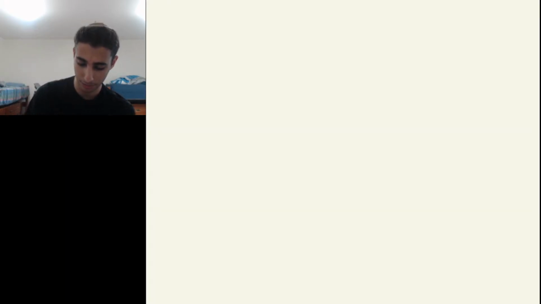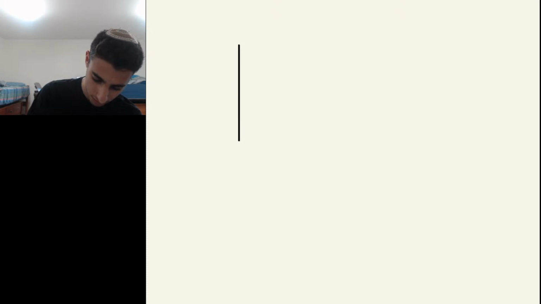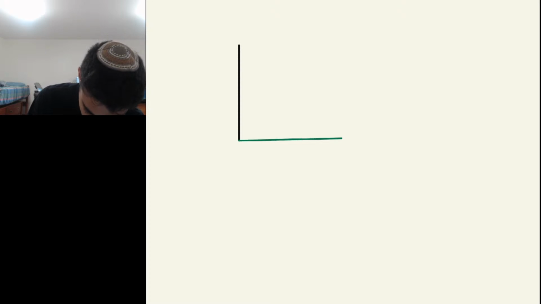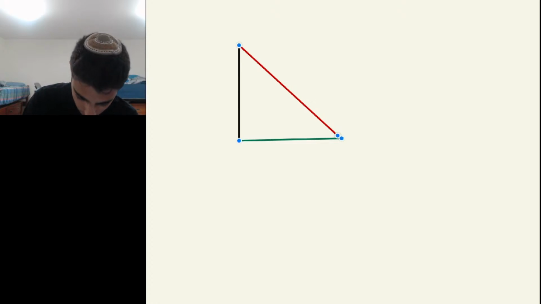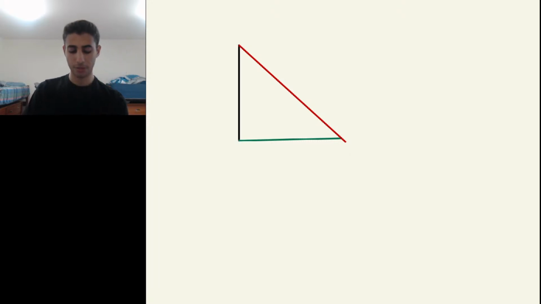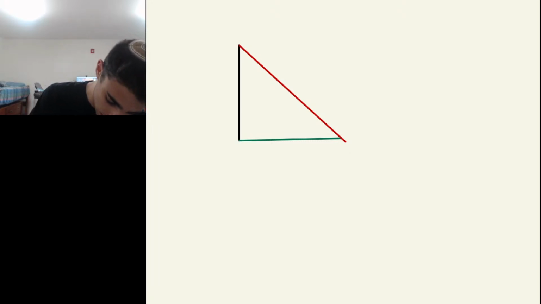So, yeah, let's think about it this way. A right-angled triangle would look something like this. Here, this is one side. This is another side. And then this is the final side. The right angle exists over here, which means that this angle is 90 degrees.